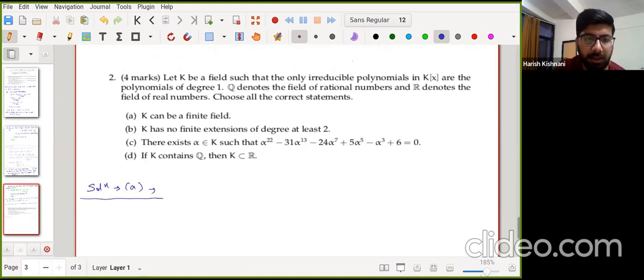Yes. So there are two ways to argue that. So let us first see the easiest of them.